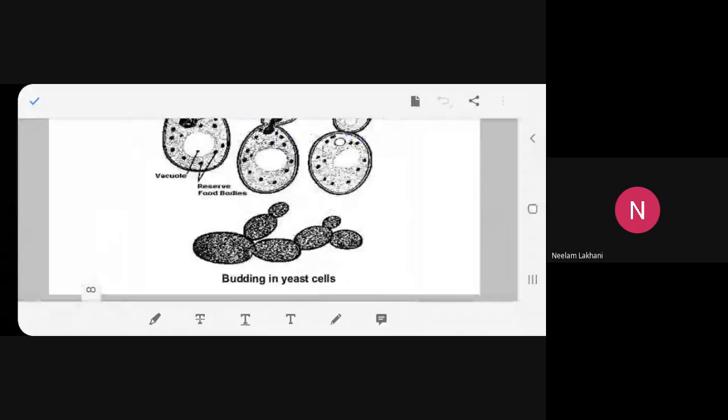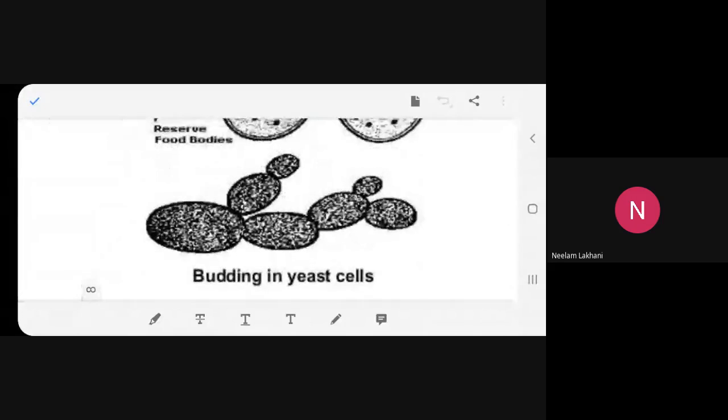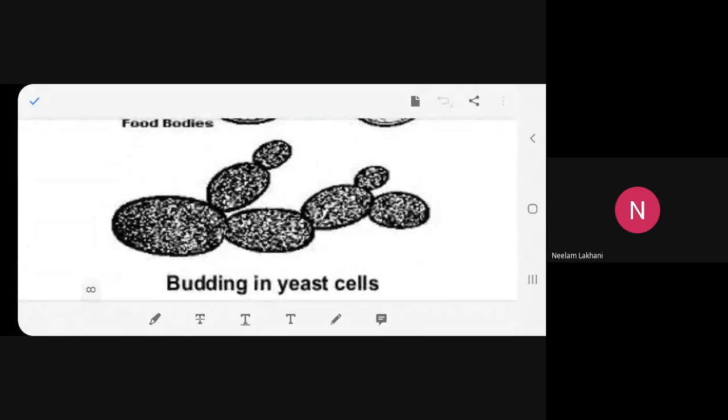Now, see over here, this is how the curds are formed. This is the parent, and then it starts budding. And so this is all bud, and chains of buds are formed, and the milk curdles and forms curd. It's only due to yeast.